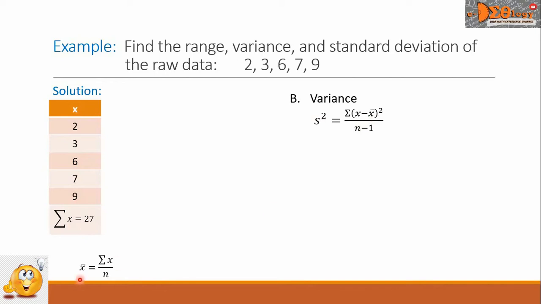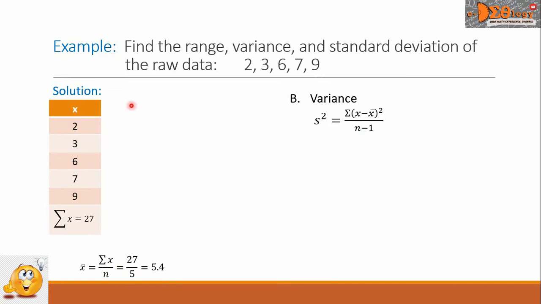This is the formula. X bar equals summation of X over n. Summation of X is 27 over the n here is 5. There are 5 numbers in our column. 27 over 5 is 5.4.